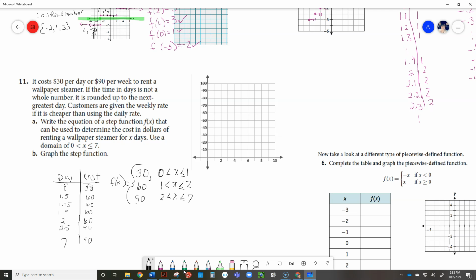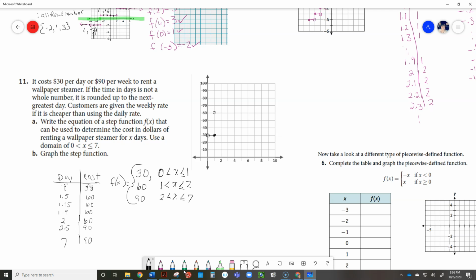Now to graph it. Right here at 0, we start at 30, but we don't include 0 because they told me not to include it right there. So that's an open circle. It stays $30 all the way until we get to 1. And at 1, it does cost us $30, so we're going to fill that in. As soon as we go a little bit beyond 1 day, it jumps up to $60.